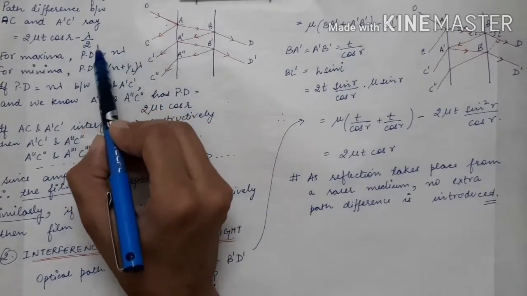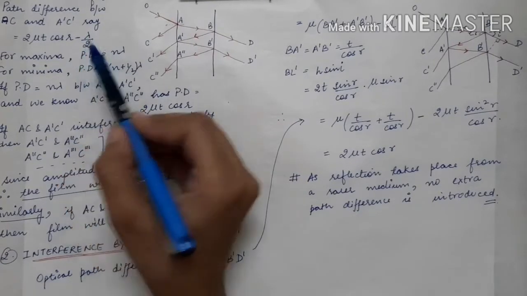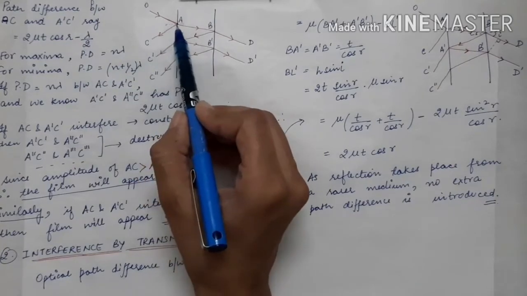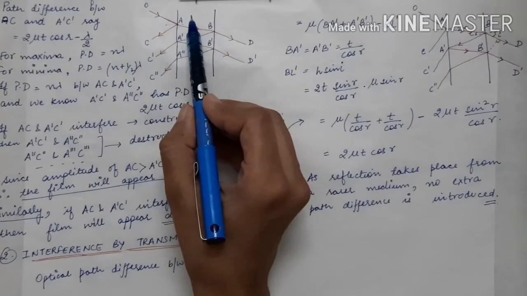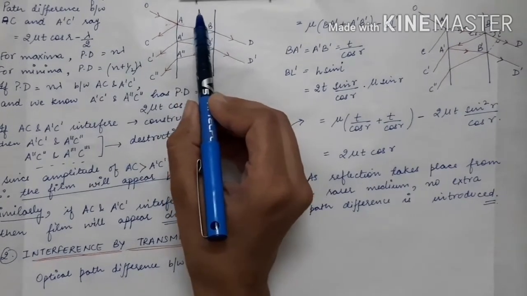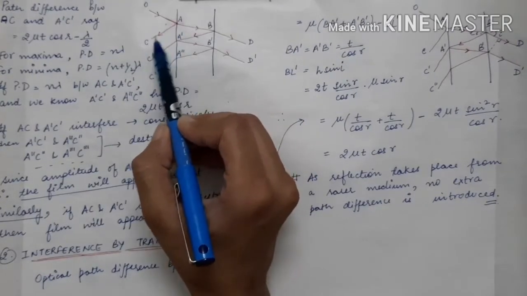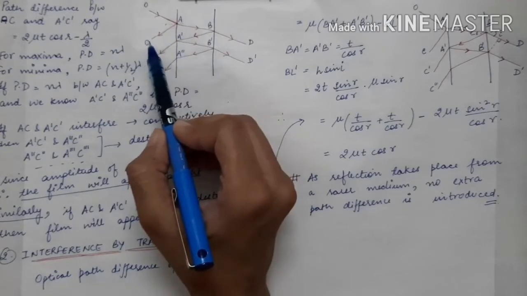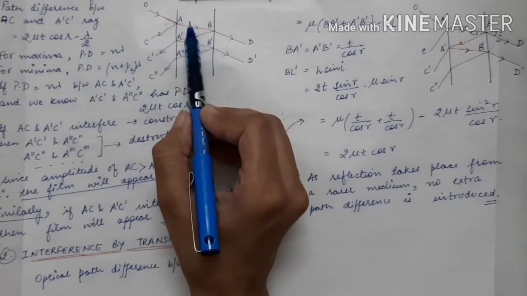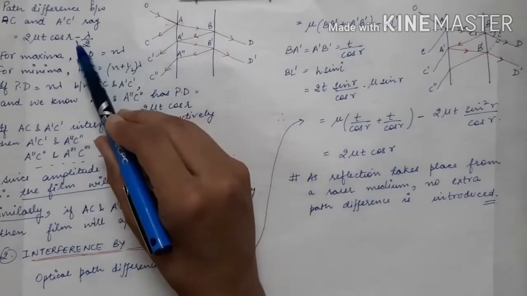This lambda by 2 factor was added to this expression because the first reflected ray, the AC ray, is getting reflected from a denser medium, since we are considering the film to have a refractive index greater than its surroundings, and hence a path difference of lambda by 2 is introduced.